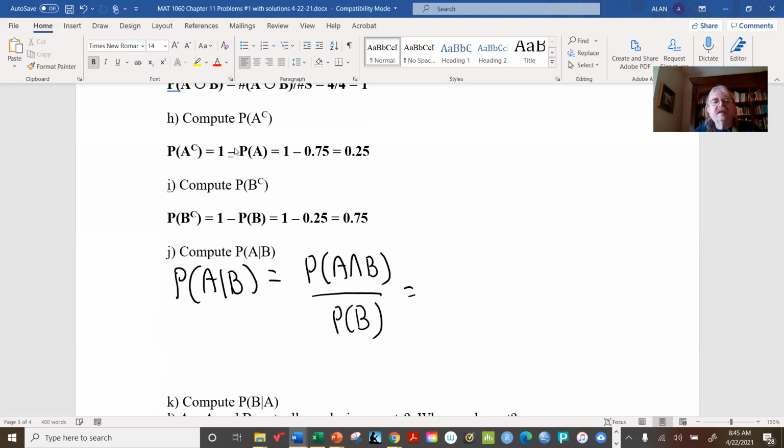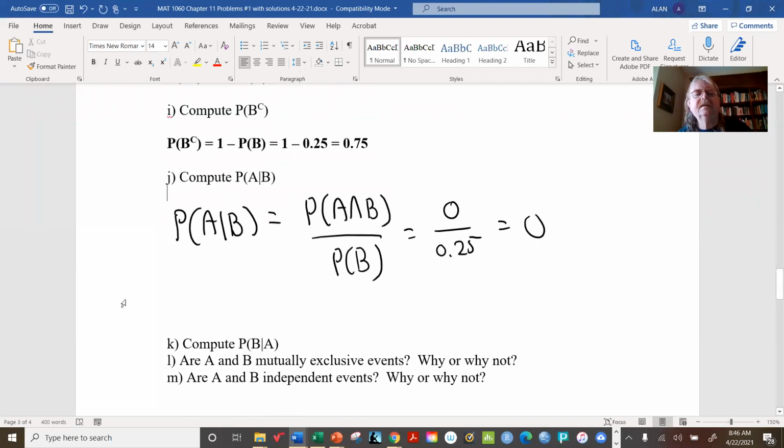Okay, but this is an interesting case because A and B are mutually exclusive. This probability is just 0. How do you like that?